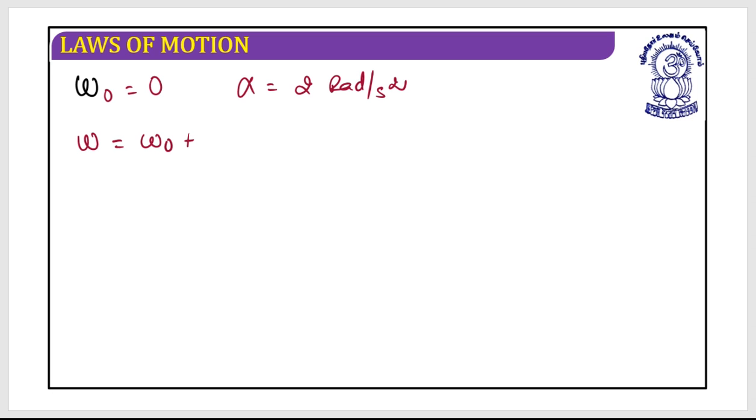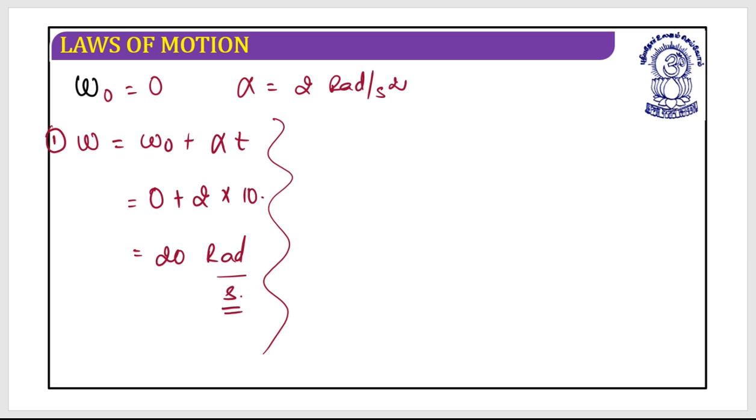So omega could be written as omega naught plus alpha t, in which 0 plus alpha, which is 2 radian per second square, multiplied by time, that is 10. It's 2 into 10. This is 20 radian per second. This is your omega. Omega is equals to 20 radian per second. This is the first. I hope this is clear.